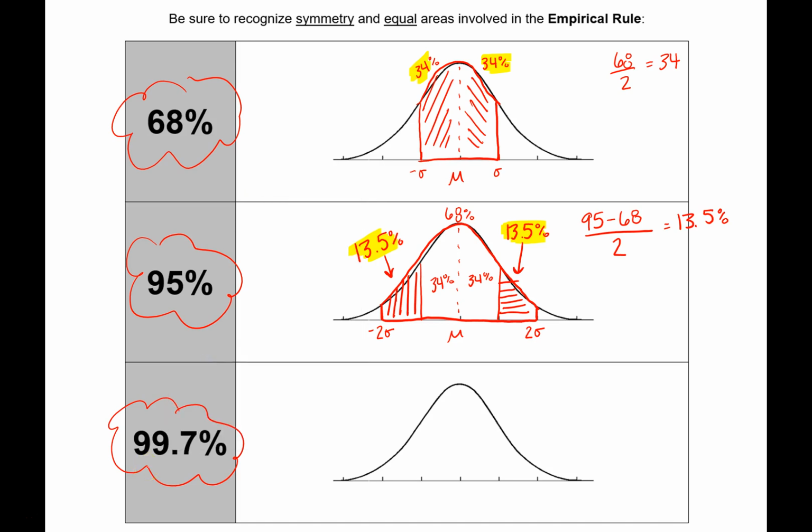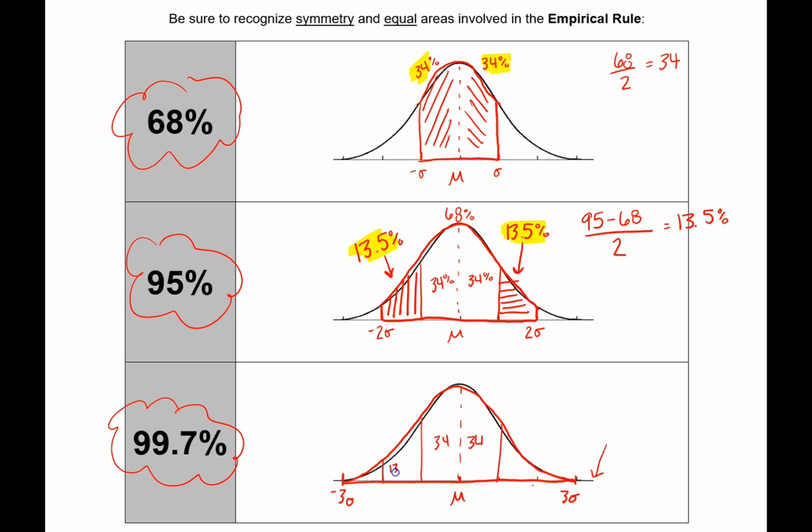The last one that we need some extra numbers for is 3 standard deviations away. So if I go from my mean, 1, 2, 3, we're looking at almost the entire graph here. We are not looking at this little outer bit out here yet. So we're going from 3 standard deviations away from the middle on each side. We're looking at all of that. We know that these are each 34%.